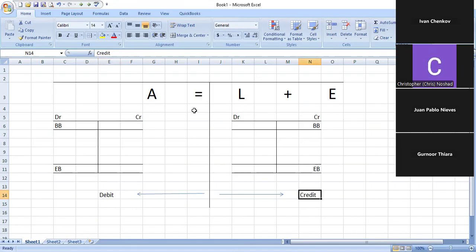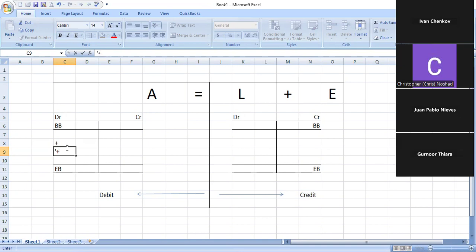The other thing that I want you to understand is on the asset accounts, every time we add on the debit side, that will increase the account balance. It's not going to let me, so I have to do this trick here. Every time we add on the left side, on the debit side, that's going to increase the balance of the account.